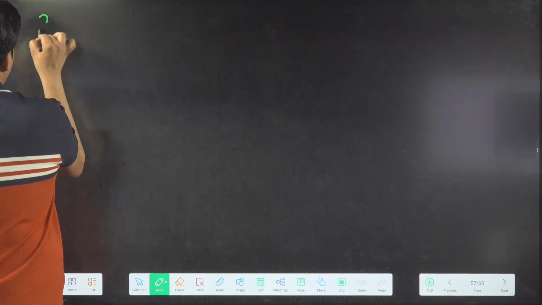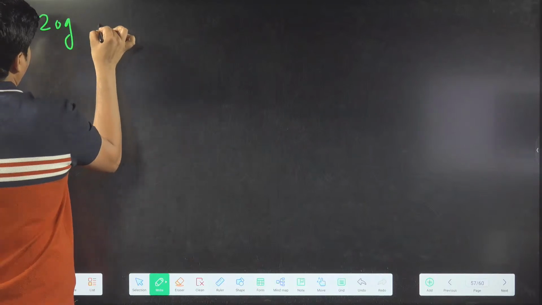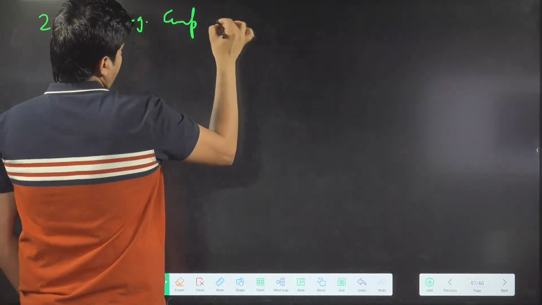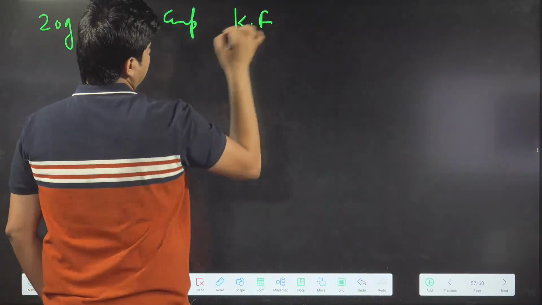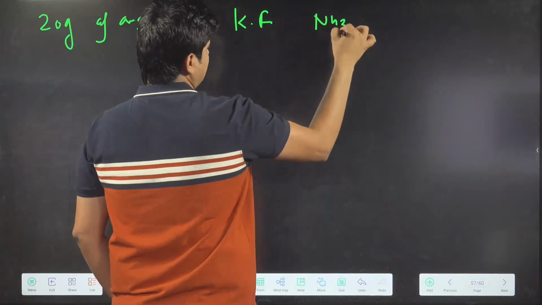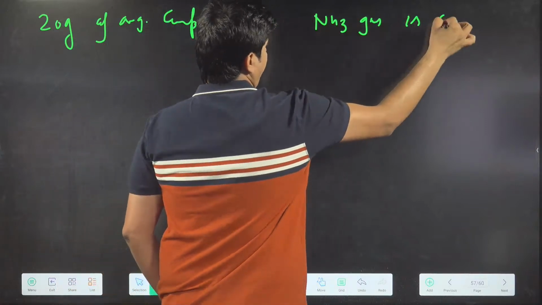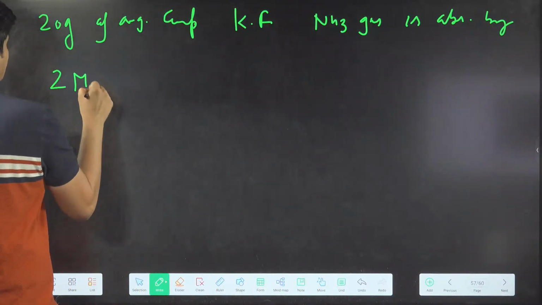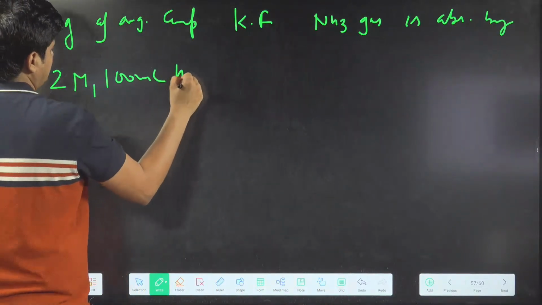For example, let's say we have 20 gram of organic compound. It is heated in Kjeldahl's flask and the liberated NH3 gas, ammonia gas, is absorbed by 2 molar 100 ml H2SO4.